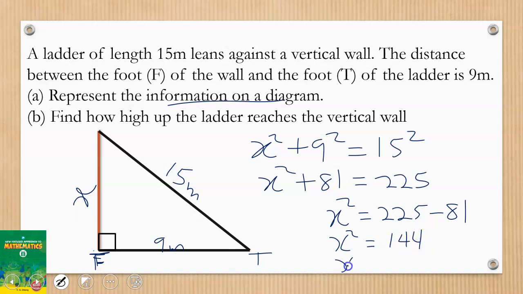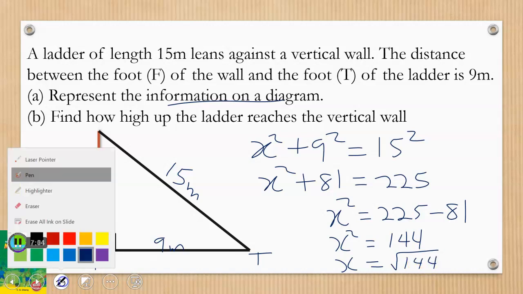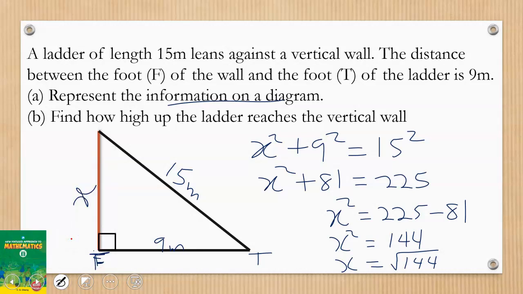And when you take square root of both sides, you have square root of 144, and root 144 is 12. So I can write my answer X is equal to 12 meters. That means the ladder reaches the wall at the height of 12 meters, and that answers the question.